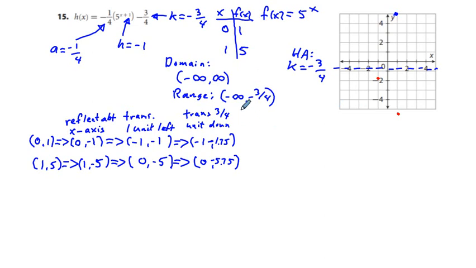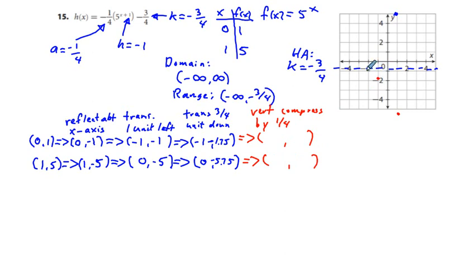And the last thing we're going to do is vertically compress by a factor of 1/4. So let's do that. So vertically compress by a factor of 1/4. So what we're going to do is take 1/4 of the distance to the horizontal asymptote.